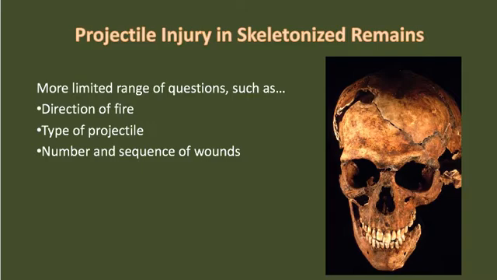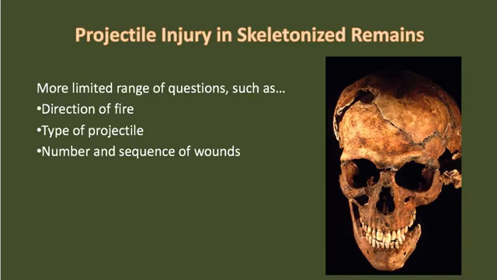So looking in skeletonized remains at projectile injury is really going to be limited to a certain list of questions. One thing that a forensic anthropologist needs to be careful of, which we've talked about many times earlier in the semester, is the range of their expertise.